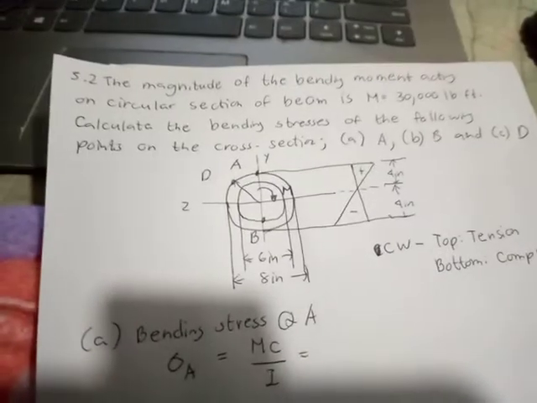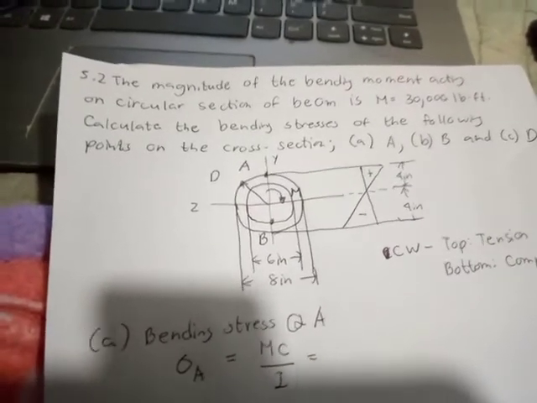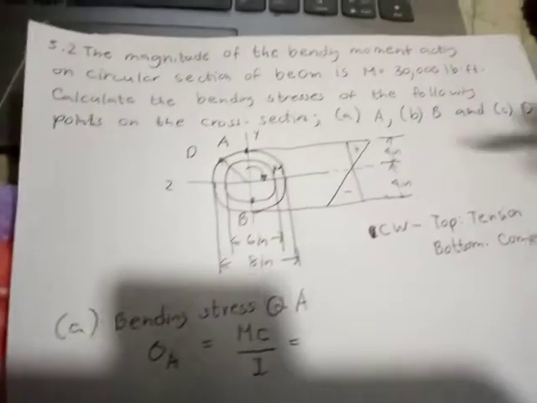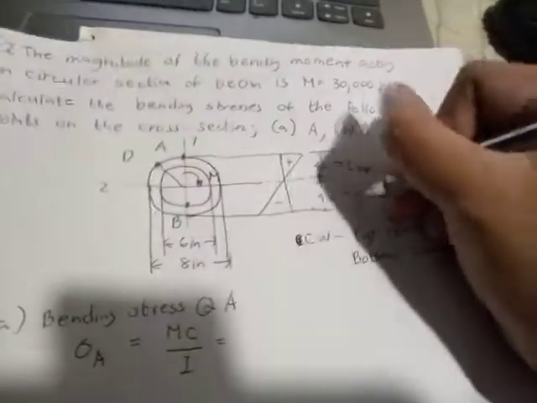Since it is circular and symmetric, whether you look at the z-axis or y-axis, your 4 inches will be your C top, and your other 4 inches will be your C bottom.